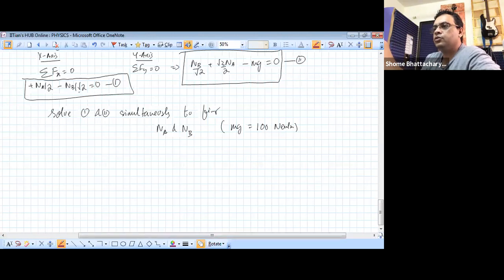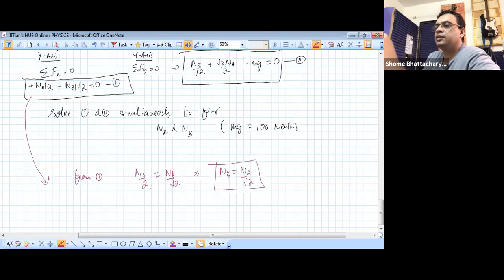Here NB by root 2. So let's start with this. According to this equation, from equation 1, I can substitute NA by 2 equal to NB by root 2. That means I can substitute NB as NA by root 2, correct? Now substitute this in equation 2. So I have NB by root 2 plus root 3 by 2 times NA.